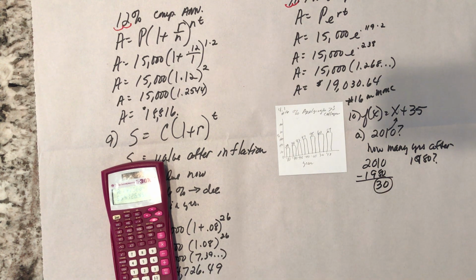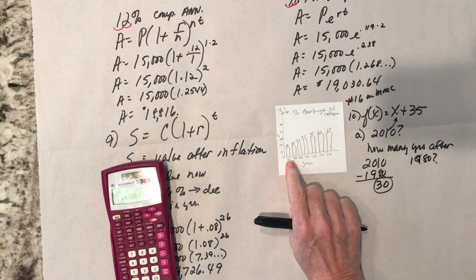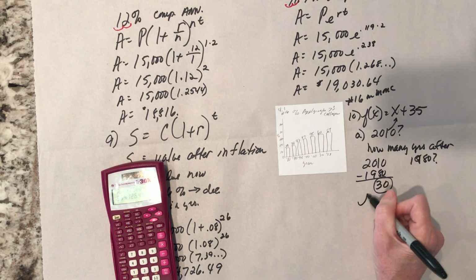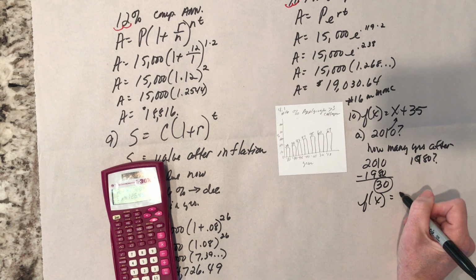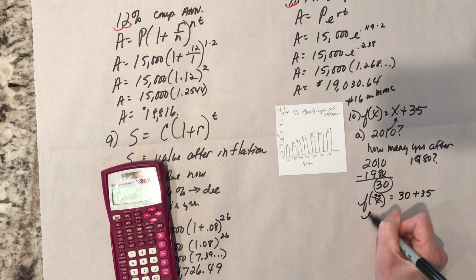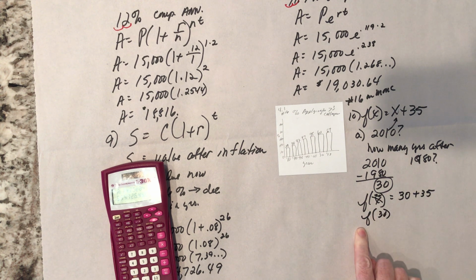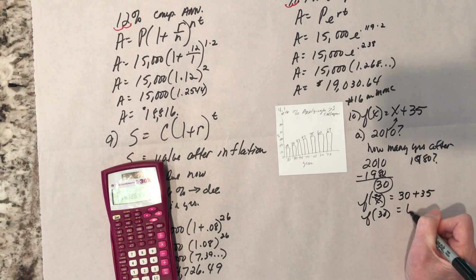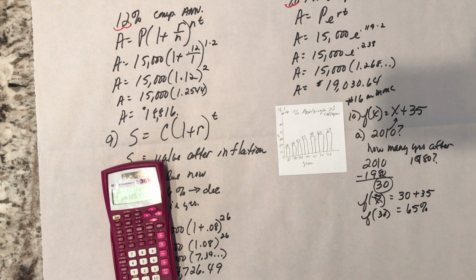That's the number we're going to use for x. It's almost always going to be based on the first year you used. So to figure f of x, we're going to plug in 30 for x plus 35. So we're grabbing the f function and looking at 30 years after 1980. That'll give us 65% of high school seniors applied to more than 3 colleges.